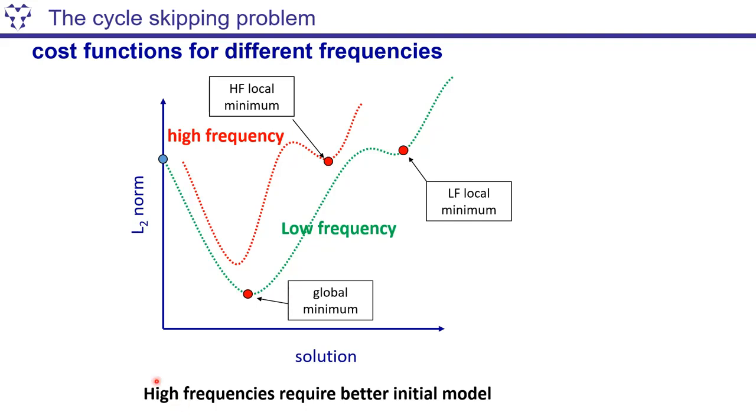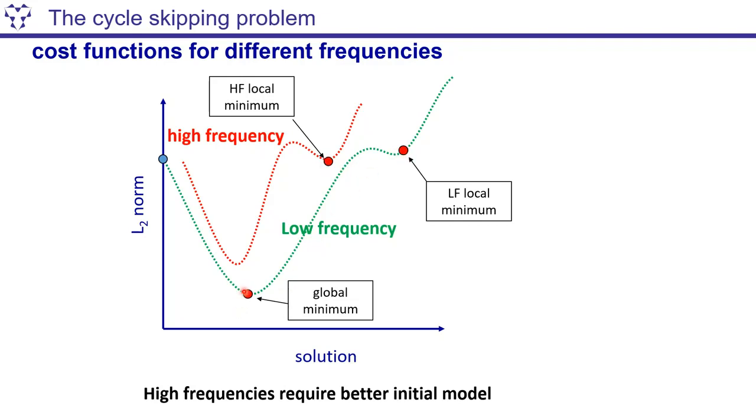The problem of nonlinearity can be understood more easily when we look at the different cost functions for different frequencies. The cost functions represent the mathematical quantity that we are trying to minimize. They can have complex shapes for nonlinear problems like this, and they contain a global minimum that is the solution we want, but also these local minima that are solutions that can trap the algorithm and prevent us from arriving at the global minimum.